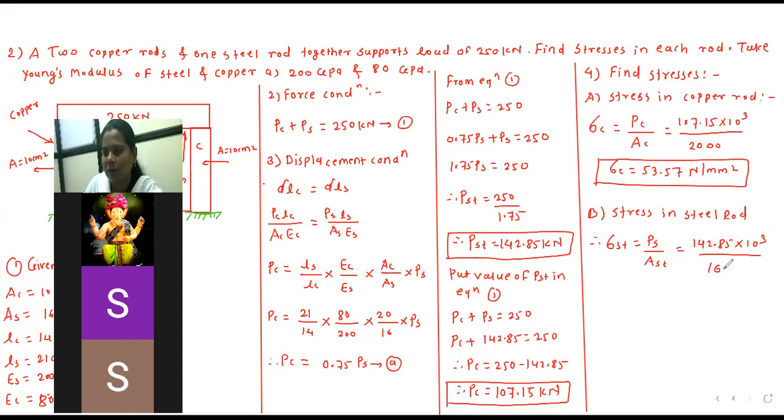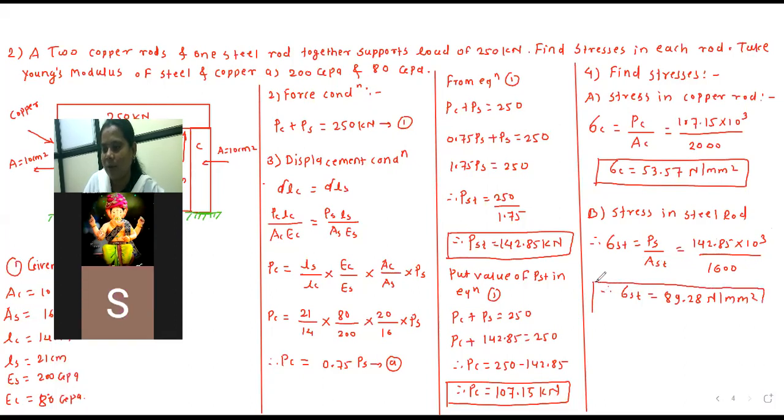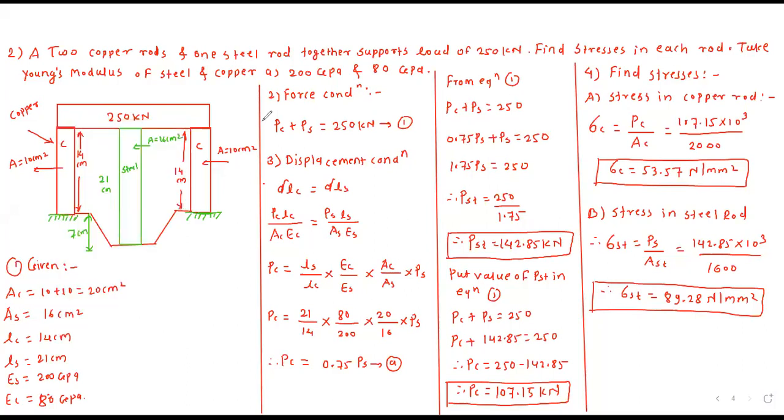Okay, so 1600 mm square. Calculate and tell me sigma ST. 89.28 Newton per mm square. This is our answer. Please write down fast because some students have a backlog lecture. If anybody has a doubt, please ask me. Otherwise, please write down.